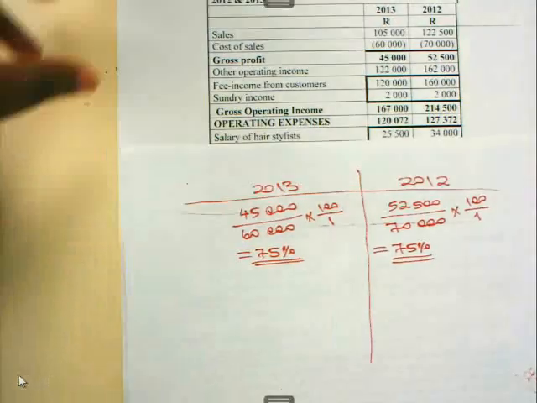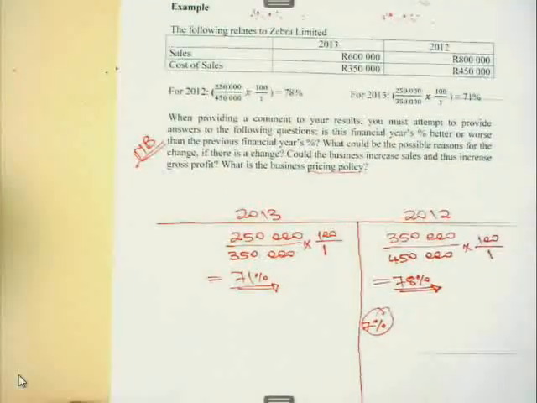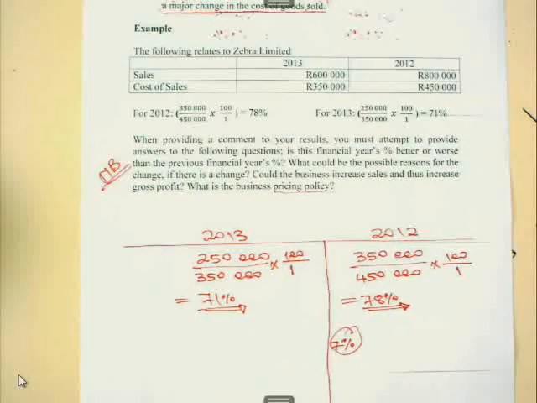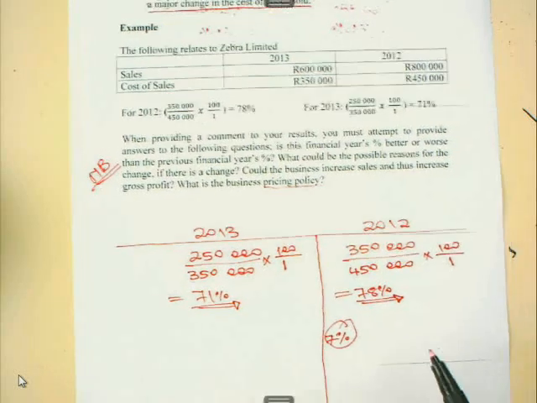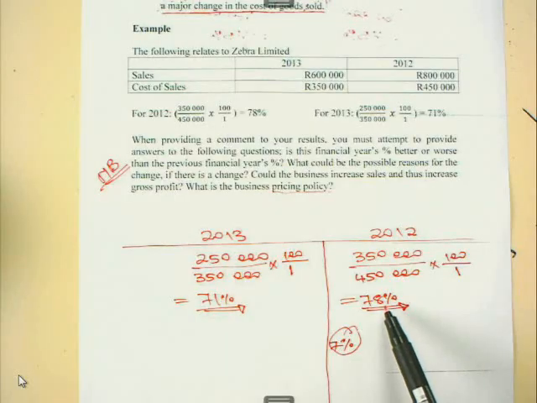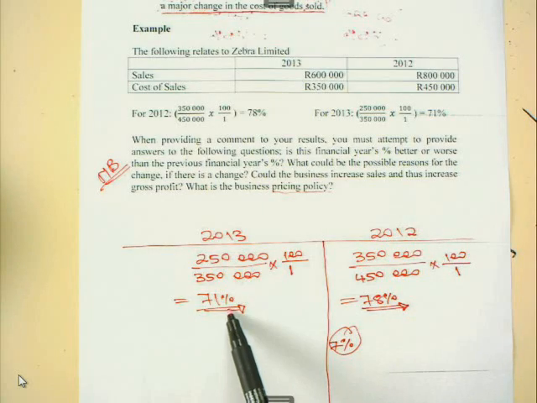Let me quickly take you back to the example I did with you. For this example, what were the results? The ratio dropped from 78% to 71%.